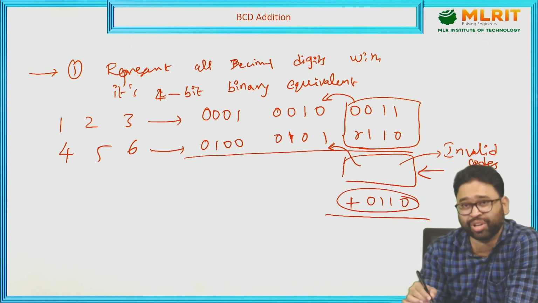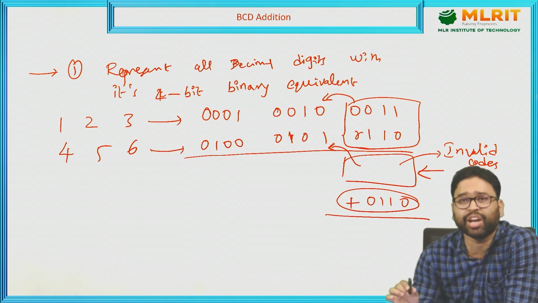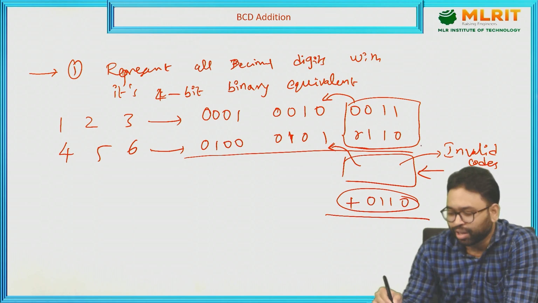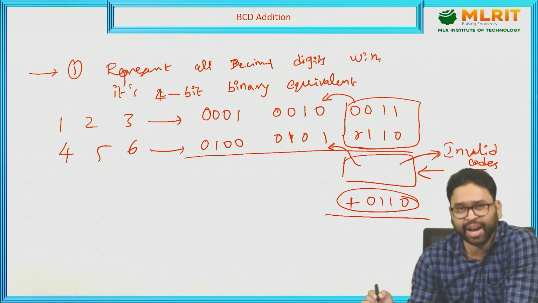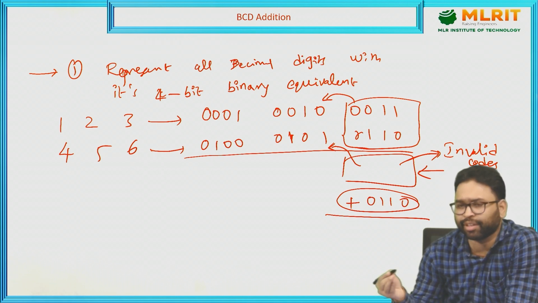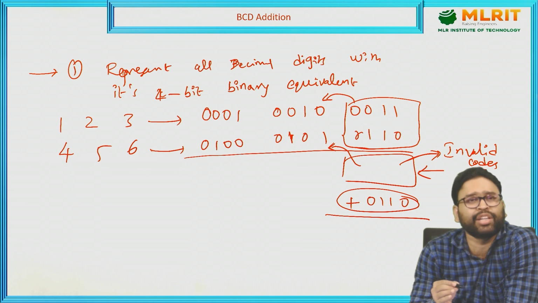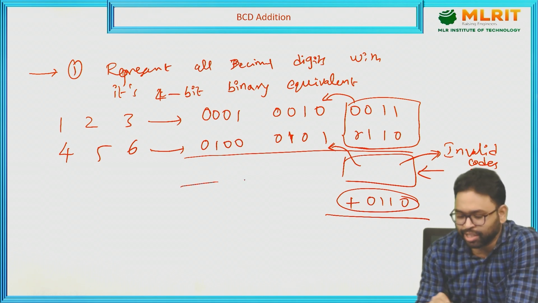Okay, not to the carrying one. Whichever group is responsible for generating the carry, you are supposed to add 0110. As well as if it is generating invalid codes, in that case also you are supposed to add 0110. If it is not an invalid code or if it is not carrying any extra carry bit to the next group, in that case we don't need to perform any correction to the resultant sum value.